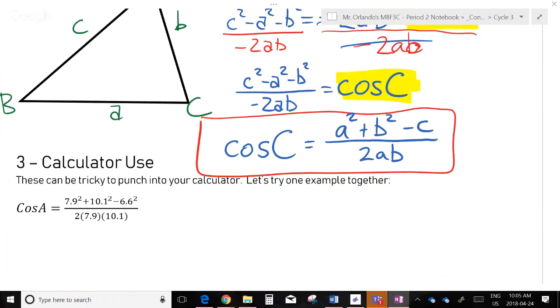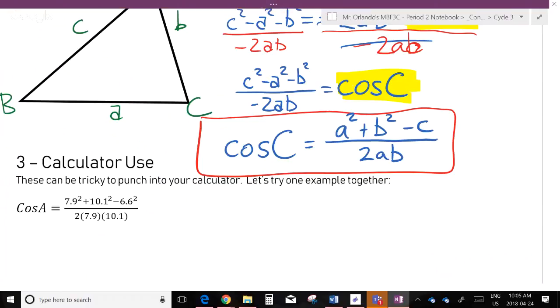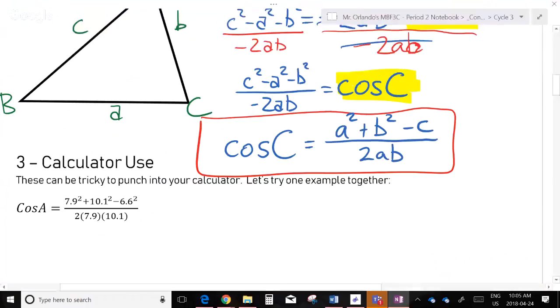The thing I want to note is that the angle we're looking for obviously goes on the left side because it's what we're looking for. And the only other place we see that letter is the one up here that we are subtracting. Does everyone see that? That's going to be our rule.